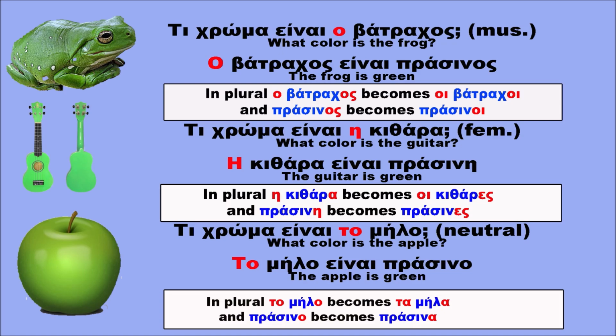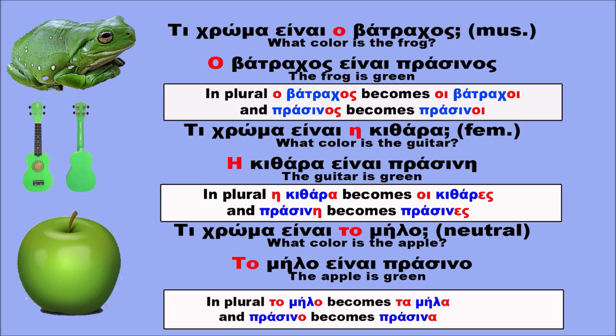Τι χρώμα είναι η κιθάρα? Feminine. What color is the guitar? Η κιθάρα είναι πράσινη. The guitar is green. And in plural, η κιθάρα becomes οι κιθάρες.